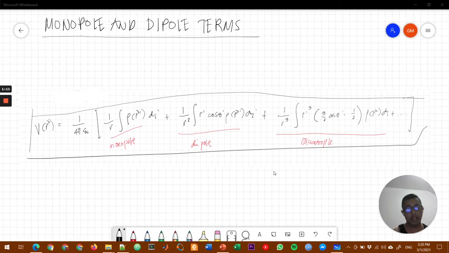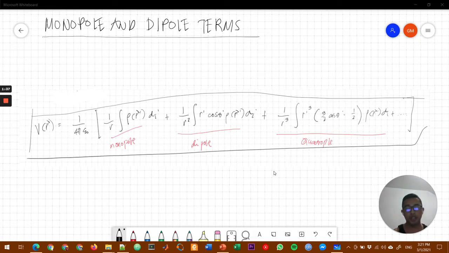So, unsa ka ang mga mo dominate ng mga terms, and maybe we can safely neglect those terms that, meaning its value falls off very rapidly. For example, if ang mo dominate lang a portion sa imong potential, ang contribution lang is more on the monopole, then the rest can be neglected, or maybe dipole lang or monopole dipole.